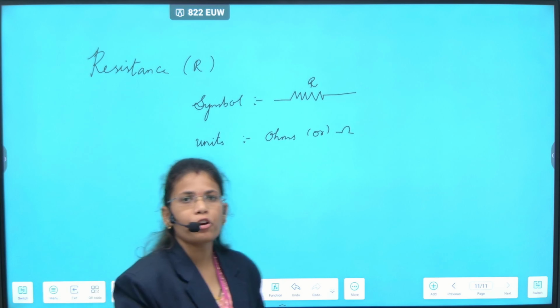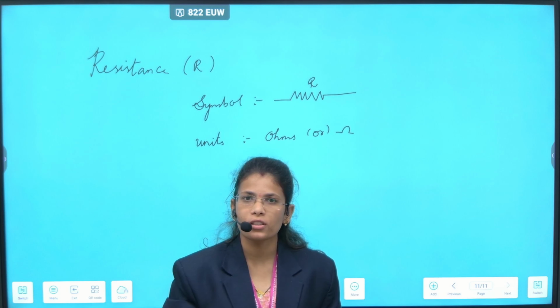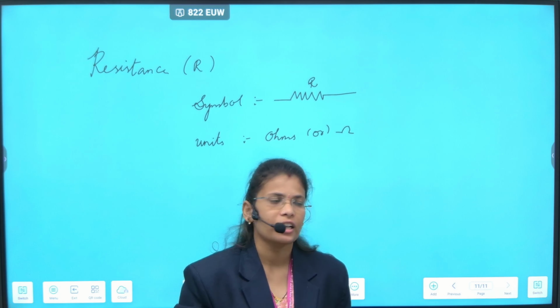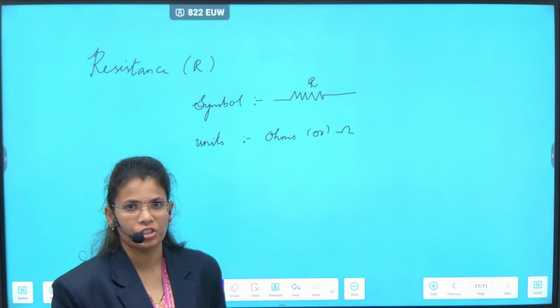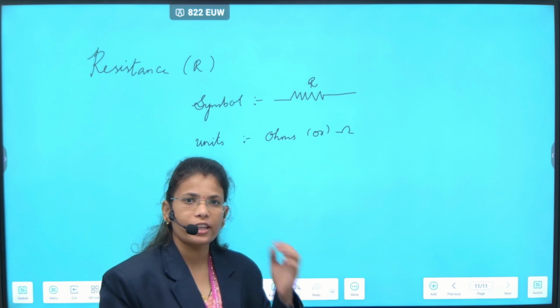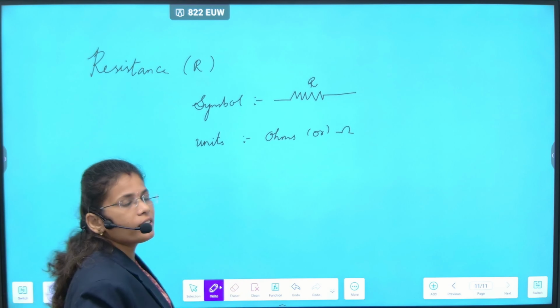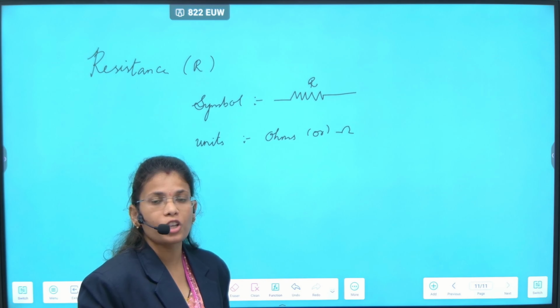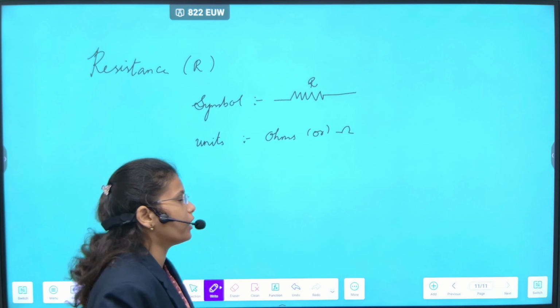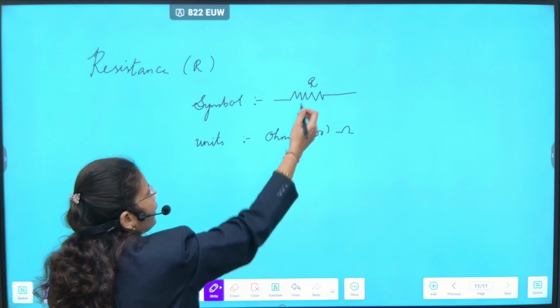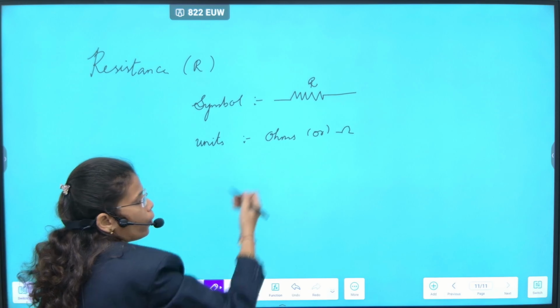Resistance is the property of a resistor which opposes the flow of current. Everywhere we have opposition. If you are doing any work, there is some kind of opposition. So in this conductor there is an opposition which opposes the flow of current. So this is resistance, and the unit of resistance is ohm.